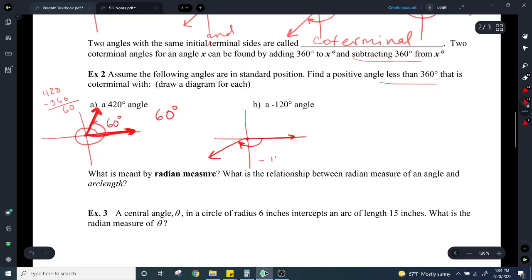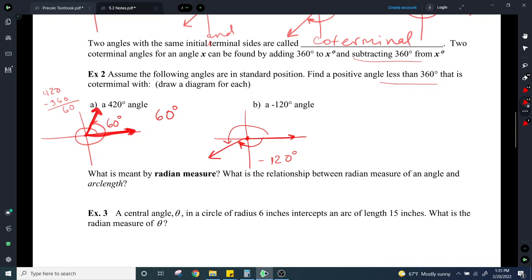Okay, so the original angle is negative 120. Now, how can I get an angle that's coterminal? Well, first, I hope that you see one way to do that, based on my picture here, would be to say, okay, what if I went in the positive direction? This angle that I just drew would be coterminal because it starts and ends at the exact same place.